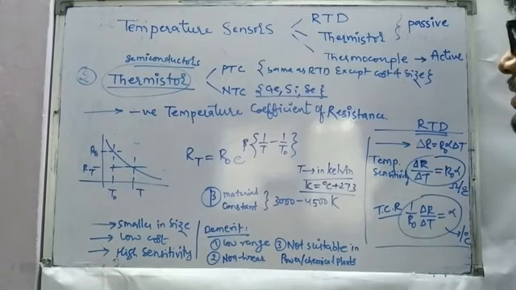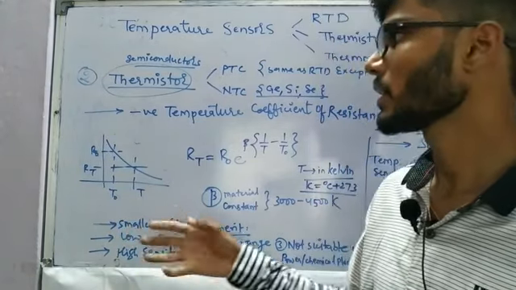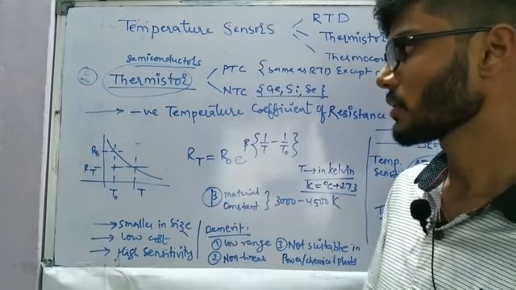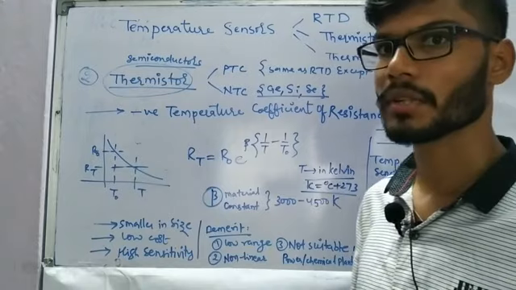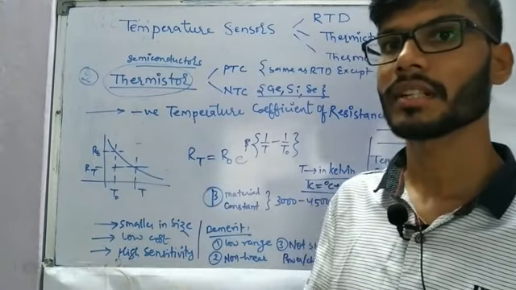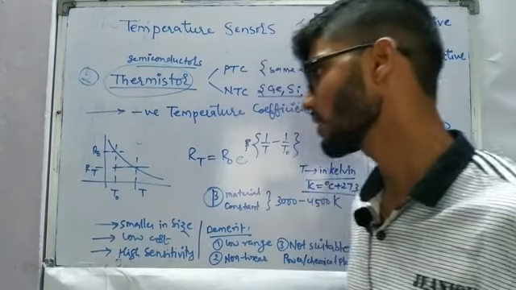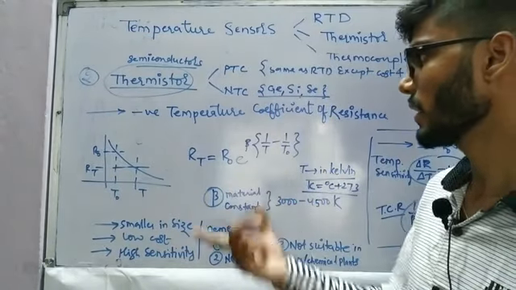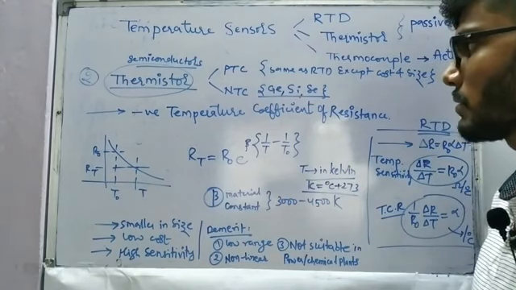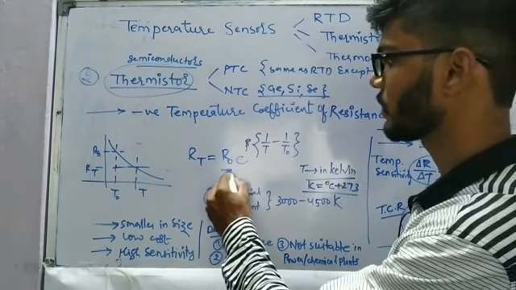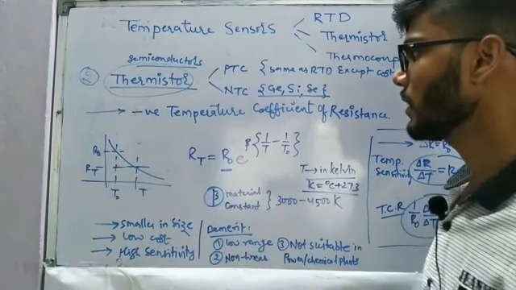Negative temperature coefficient of resistance means if we are increasing the temperature of the medium being sensed, the resistance of our sensor is going to decrease exponentially, whereas in the RTD case the resistance was increasing linearly because we had a linear approximate resistance formula there. So here the exponential formula is RT is equal to R naught e power beta (1 by T minus 1 by T naught), and again R naught is the resistance in the beginning.